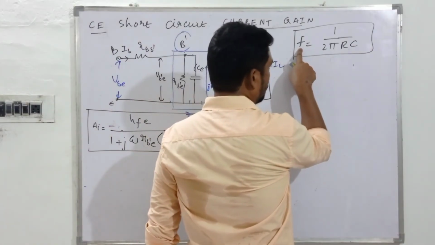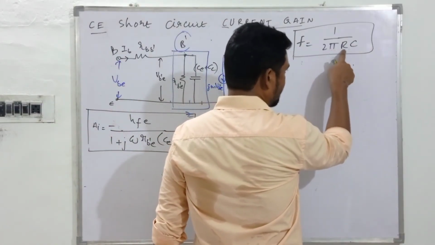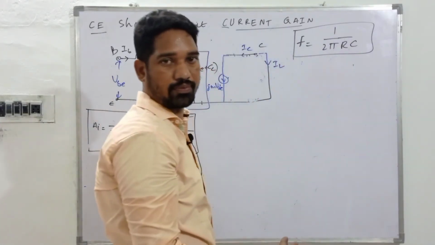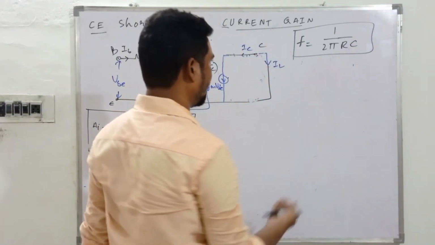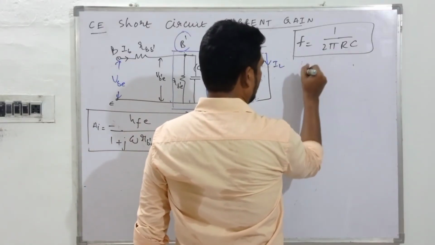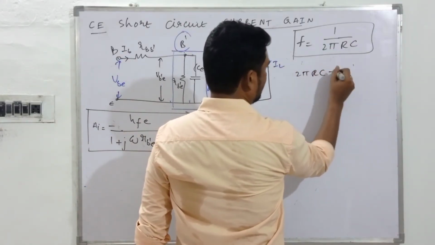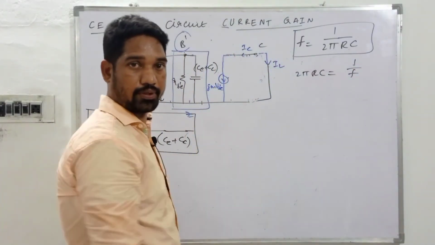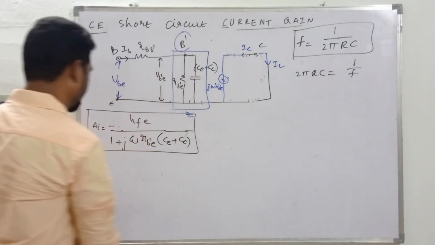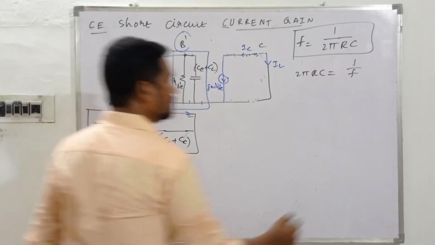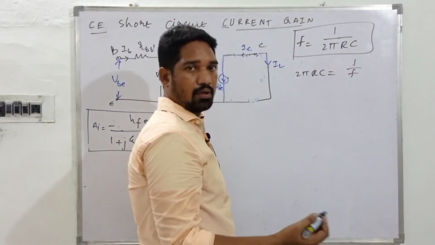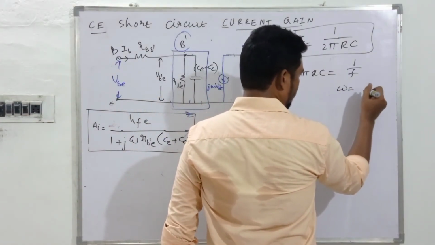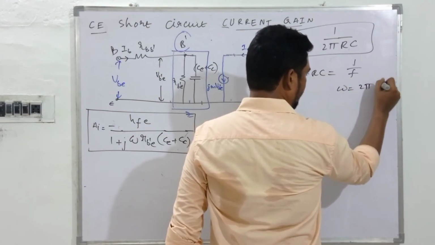Frequency f is equal to 1 by 2 pi, resistance in whatever form it may be, into capacitance in whatever form it may be, right? And if we have 2 pi RC, that could be replaced with 1 by f, the reciprocal. So come over here. Guys, from your previous grades itself, you may know omega, the frequency in radians, is 2 pi f, isn't it?